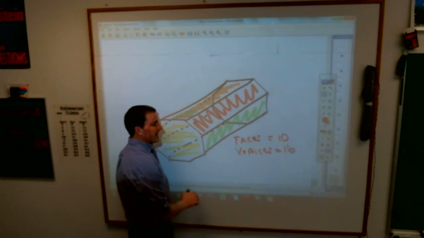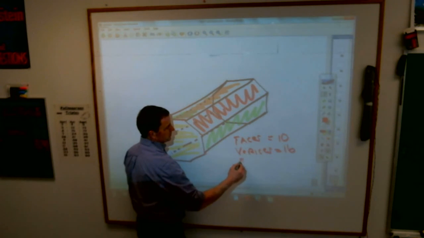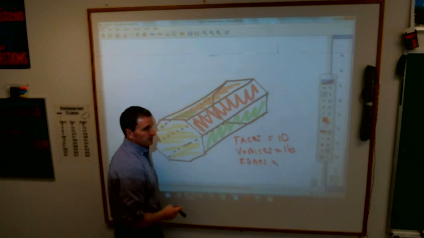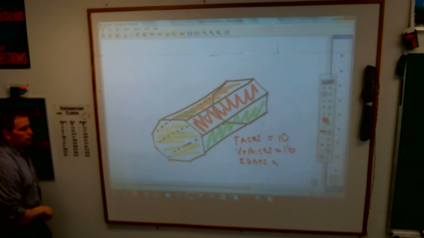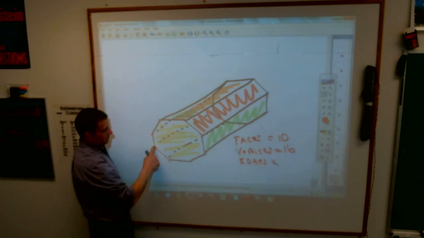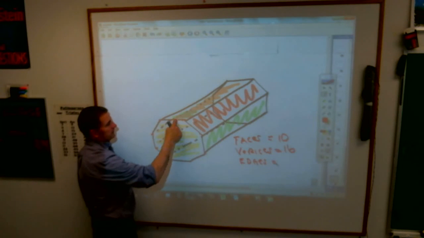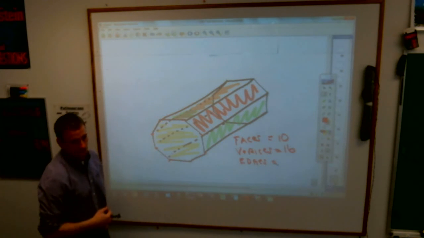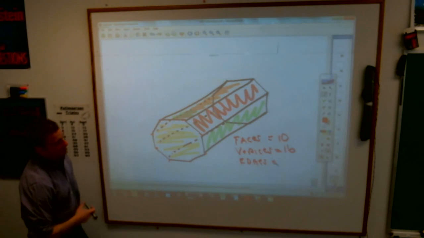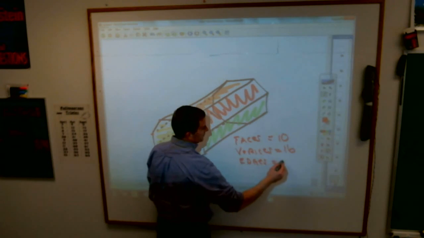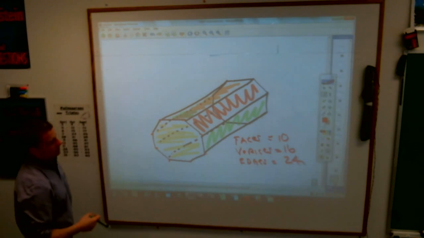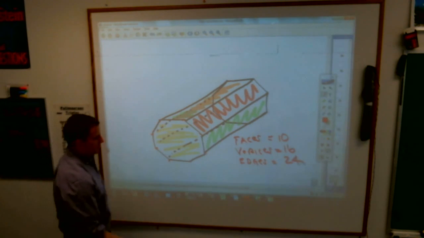And I'll bet we've got a lot of edges. That would just be my guess. How many edges do you think there are there? There's 8 right here. 1, 2, 3, 4, 5, 6, 7, 8. How many altogether? Matthew? 24. I believe there are 24 edges. It's a lot of edges.